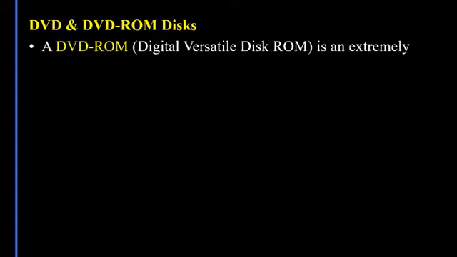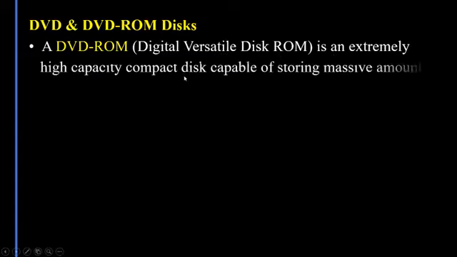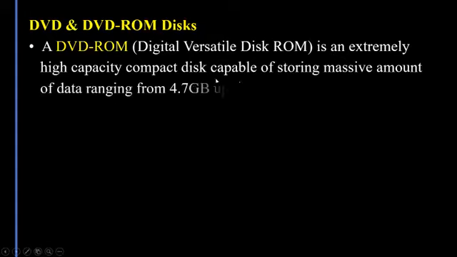Now let's look at DVD and DVD-ROM disks. A DVD-ROM or digital versatile disk. You should know also the terms in full because usually they talk of DVD, but here we mean digital versatile disk. Digital versatile disk is an extremely high capacity compact disk capable of storing massive amount of data ranging from 4.7, these are the most common, up to 17 GB or beyond, and they are called DVD or DVD-ROM disks.